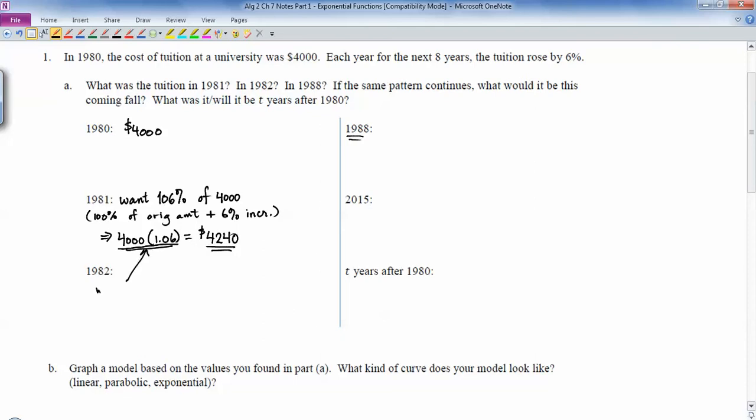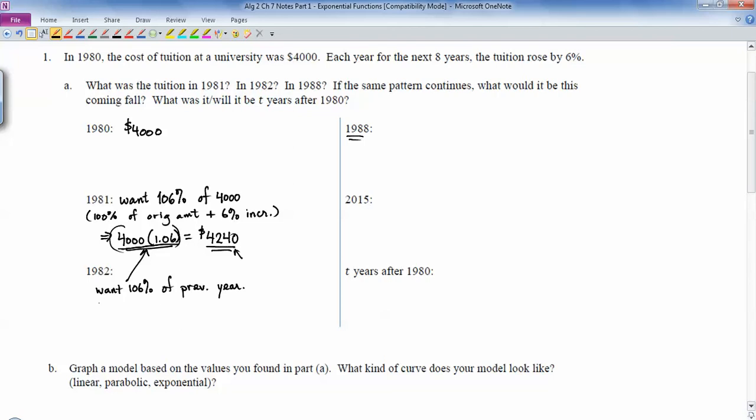I want 106% of the previous year because it went up by another 6%. Well, I could do this guy times 1.06, or I could do 4,000, this whole value here, times another 1.06.